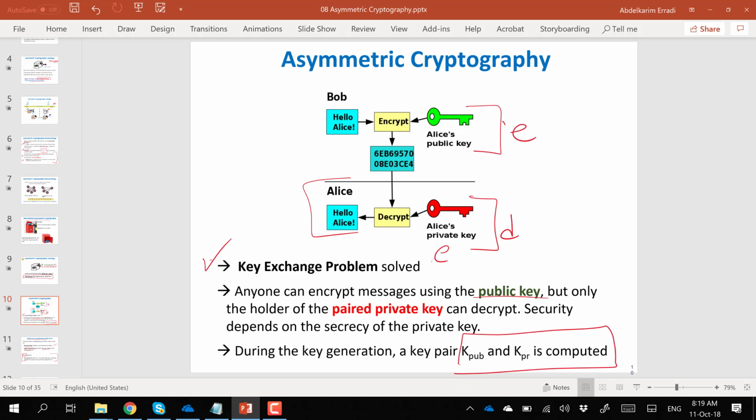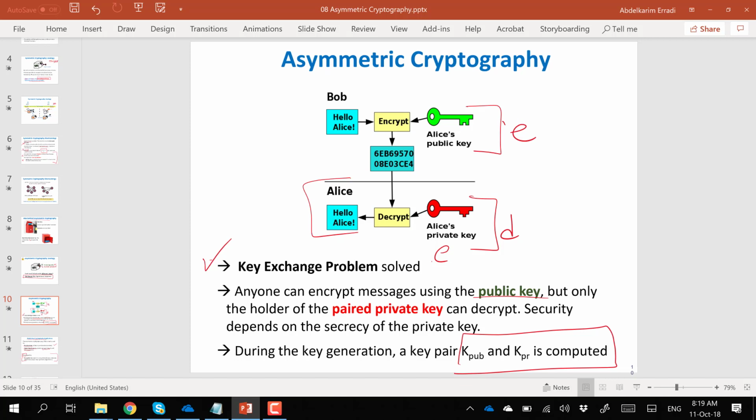But in that case, you are not trying to preserve confidentiality. You're trying to establish non-repudiation. So if I encrypt with my private key, and then you are able to decrypt using my public key, what does that mean? It means the message is coming from me and only me. Nobody else can produce that message. You get the idea. So that's what non-repudiation is.